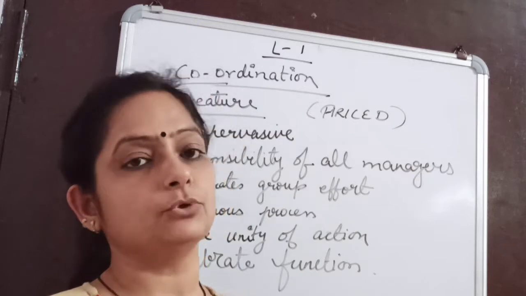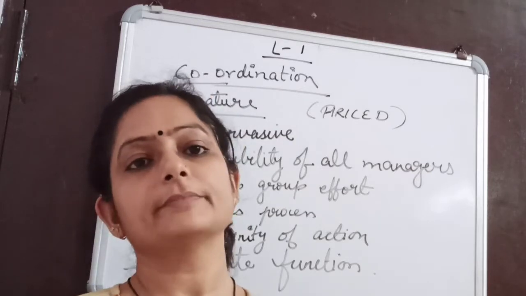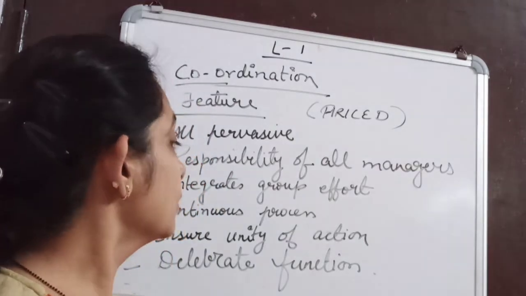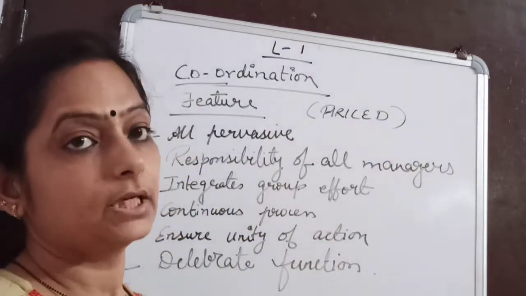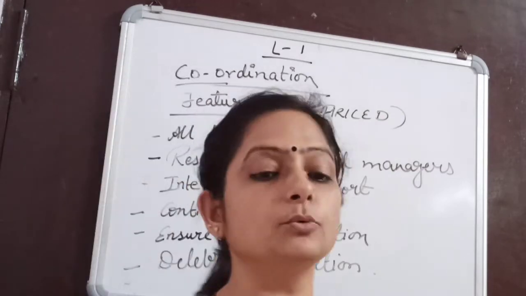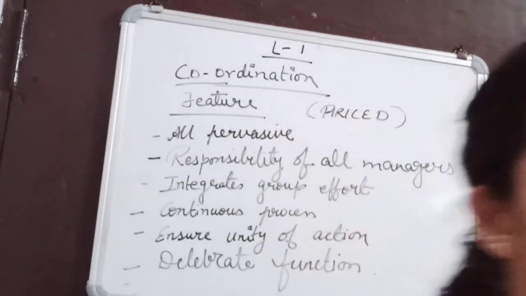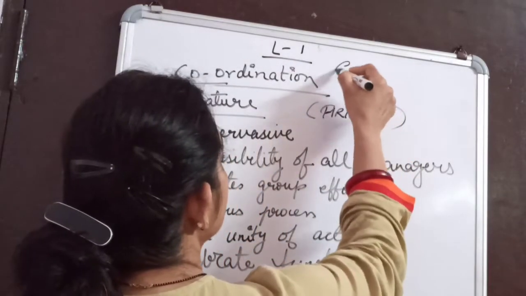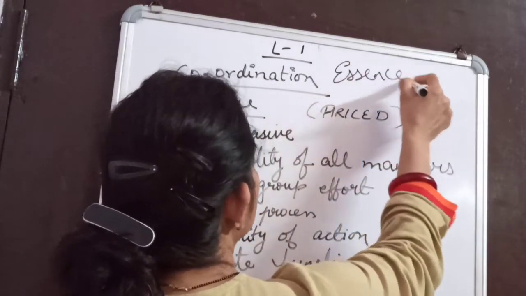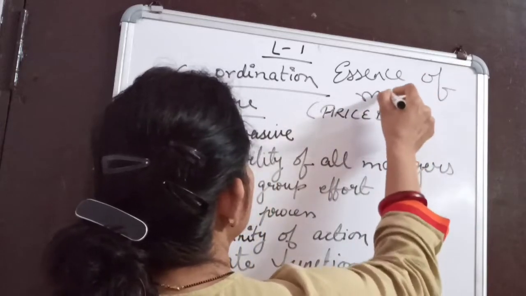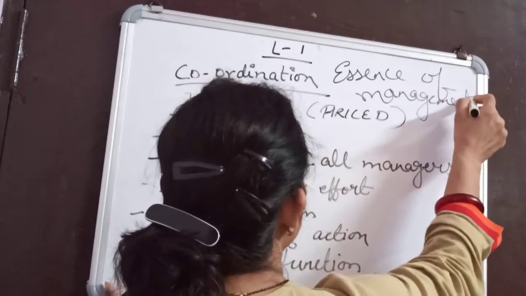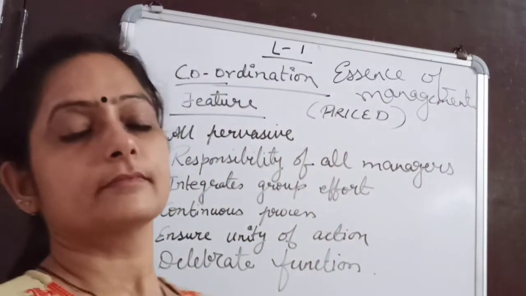In coordination you have to keep working until the goal is achieved. And student, you know one more thing, that because of this feature, coordination is also said to be the essence of management.